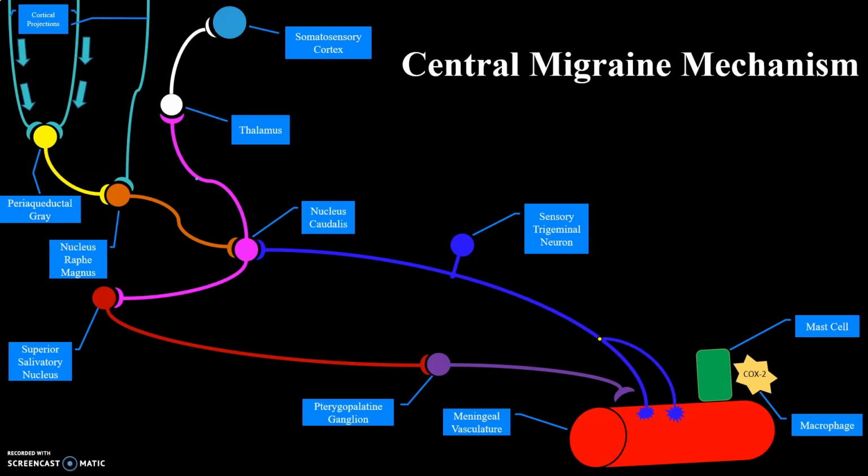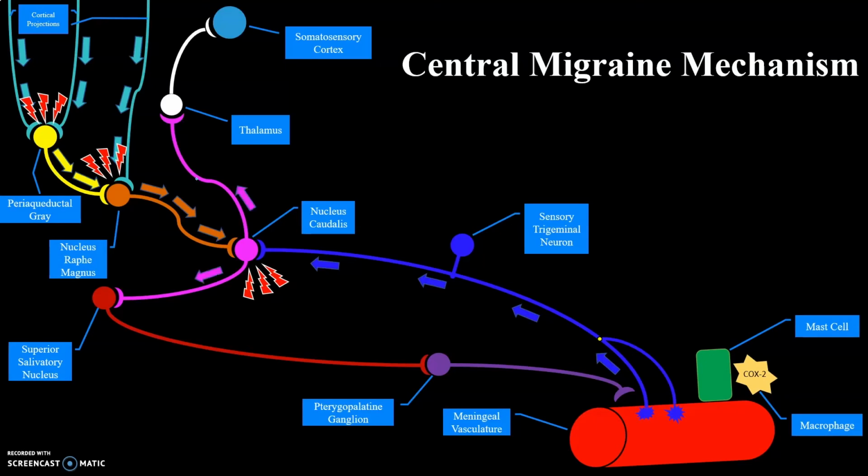However, if there's cortical spreading depression or any other number of possible causes for dysfunction within these nuclei, as this dysfunction spreads, now when our first order signal reaches the synapse, it does cause action potentials to be sent out from the second order neurons within the nucleus caudalis.